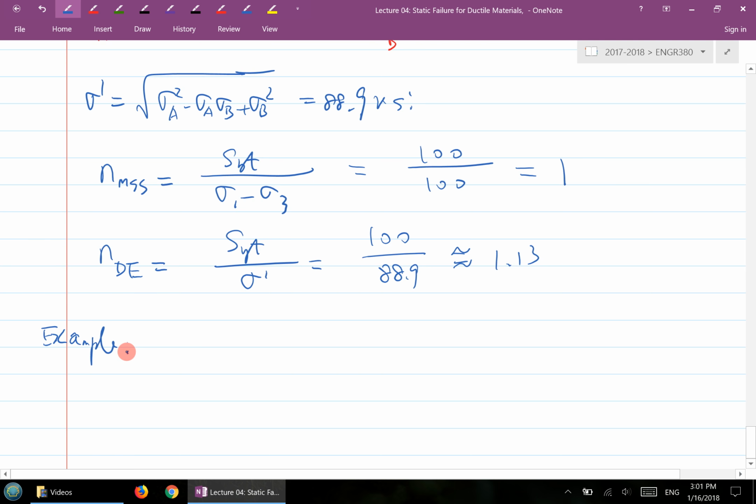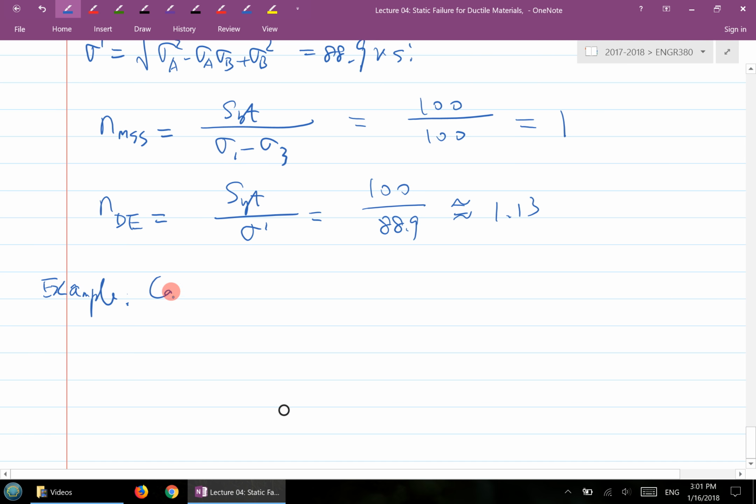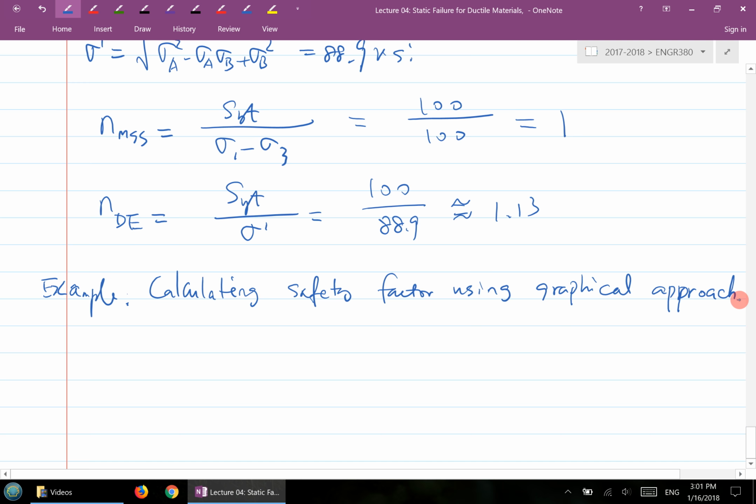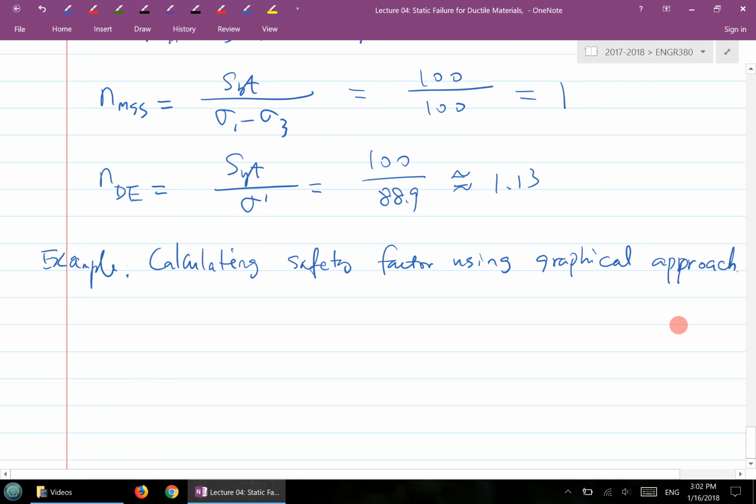Before we do that, I also wanted to introduce another method of calculating safety factor. If you don't happen to have a calculator, how do we calculate our safety factor here? I call this calculating safety factor using a graphical approach. Just a ruler will be enough. So here's how you would proceed.